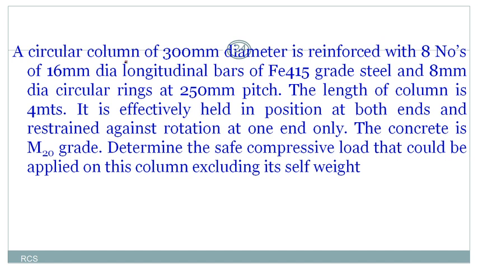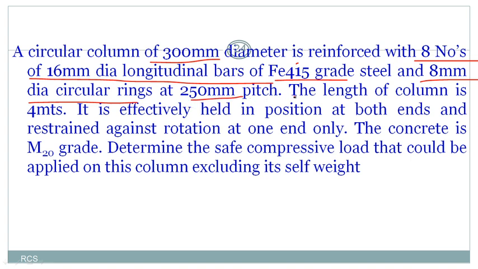Right, let us discuss one more problem. This is a problem on a circular column. The diameter of the circular column is 300 mm, reinforced with 8 numbers of 16 mm diameter longitudinal bars. The grade of steel is Fe 415, and 8 mm diameter bars are used for circular rings at 250 mm pitch.